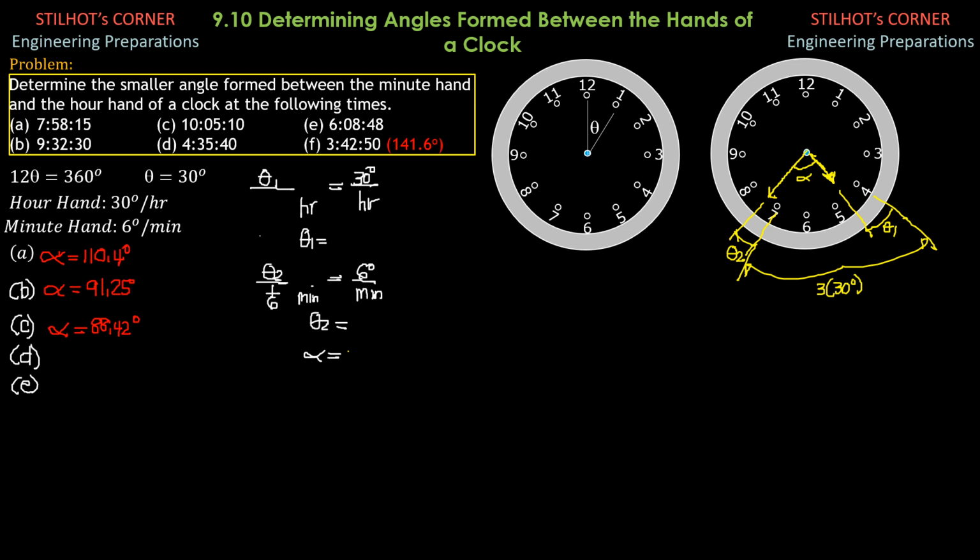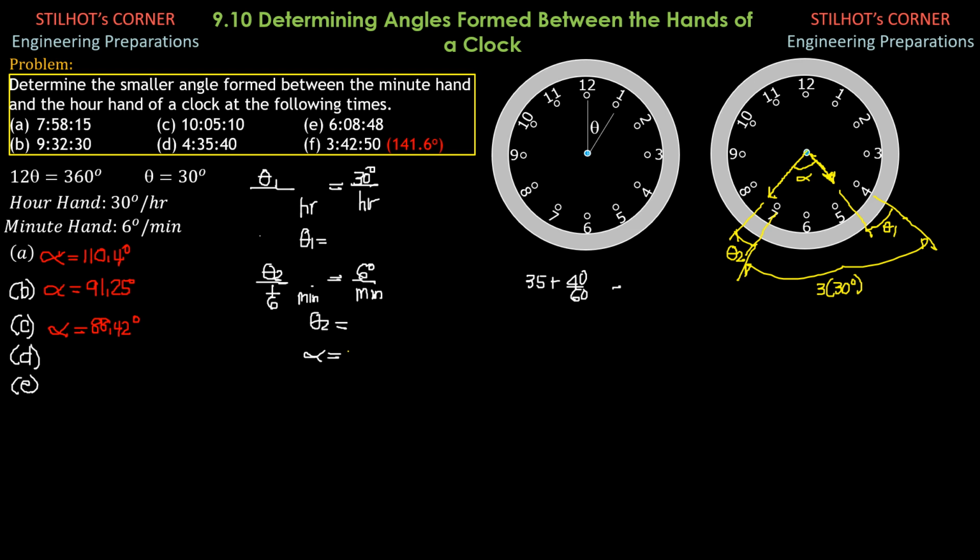So for the hour hand, this corresponds to 35 and 40 minutes. 35 plus 40 over 60. So 35 and 2/3, 35 plus 2 over 3 in fraction.